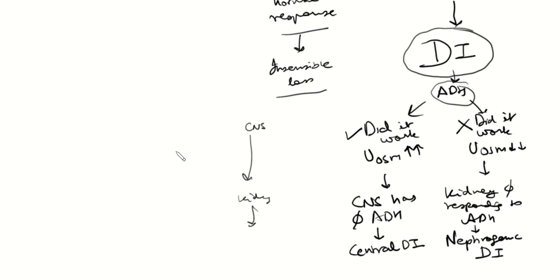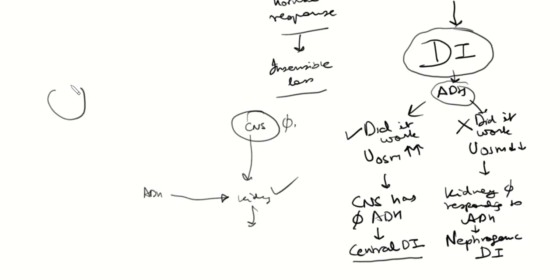So when ADH is not acting correctly, I give ADH and it starts working. That means kidneys are acting fine. It's the brain that doesn't produce ADH. So this is diabetes insipidus related to the central nervous system, central diabetes insipidus. Same thing, I look at CNS and I look at kidneys.